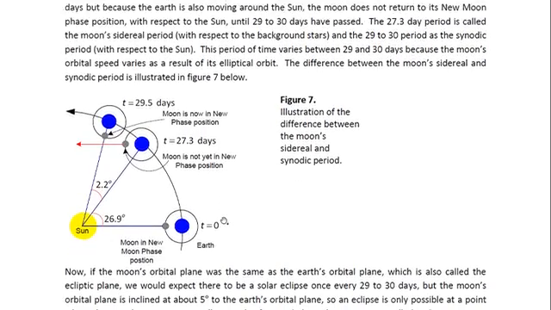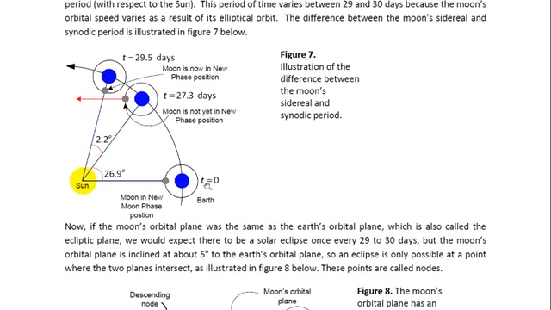And here this diagram represents the moon and the Earth with respect to the sun, and it illustrates the difference between the two periods. So here is the moon's position where we would get an eclipse. The moon is exactly between the Earth and the sun, so it's in its new moon phase.